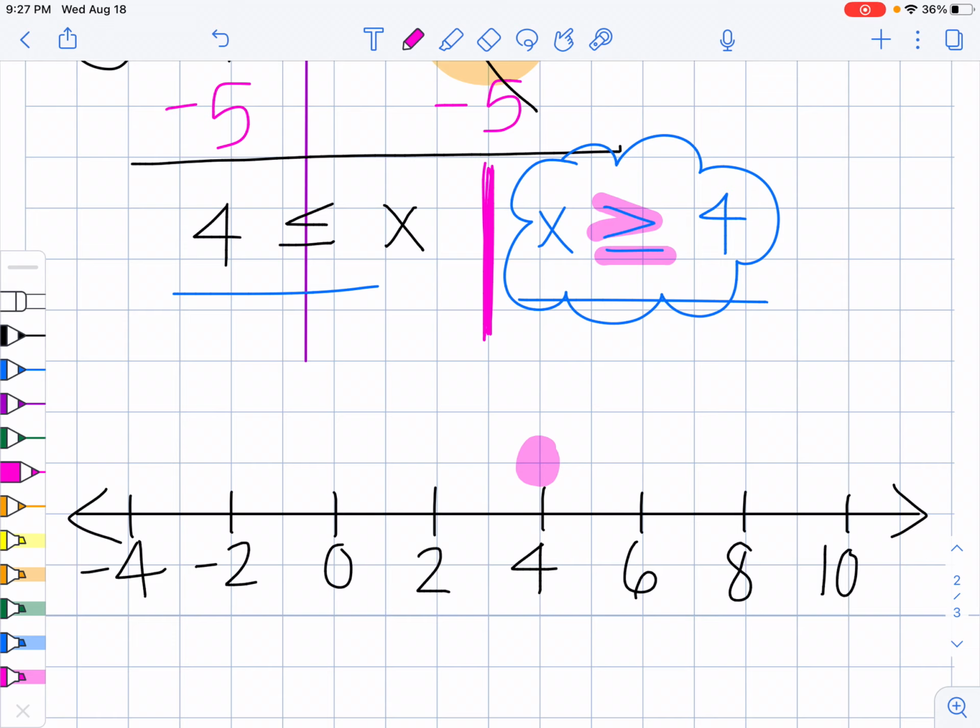This says x is greater than or equal to 4. Greater than means bigger. My bigger numbers are to the right. So I'm going this way. And if you use the trick, it shows you that your arrow is going to point to the right. So both of these, your graph and this inequality here, both of these are part of your answer. Let me know if you have any questions. Good luck.